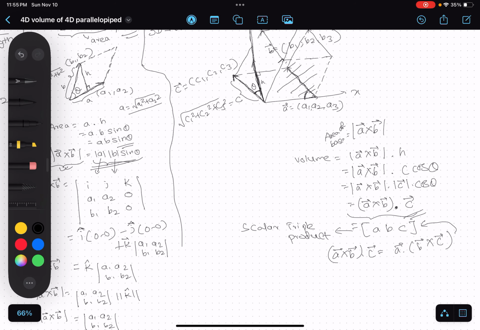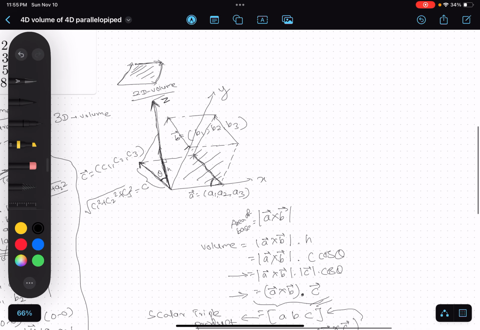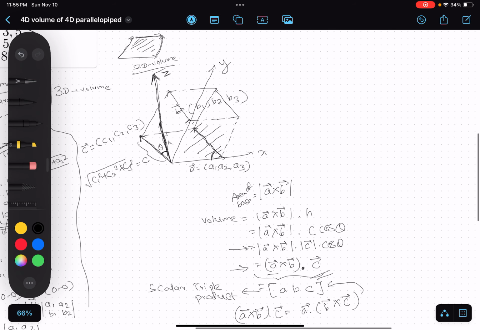Now again, we have found out that this is basically the expression for volume, but we can rewrite this as this expression, right? Now let's try to evaluate this scalar triple product. For scalar triple product, we first need to find A cross B and then dot it with C vector, right?